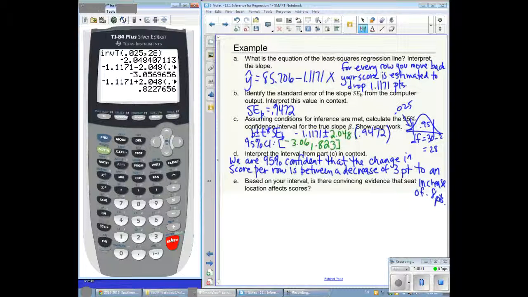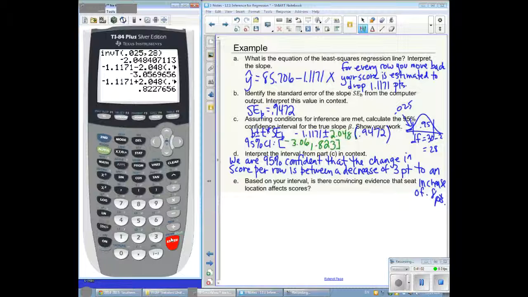So it really doesn't help us answer the question, does being further away from the front hurt your score? Well, all I know is that I'm 95% confident that the answer lies within that interval. So it doesn't really answer the question because 0 is included in it.